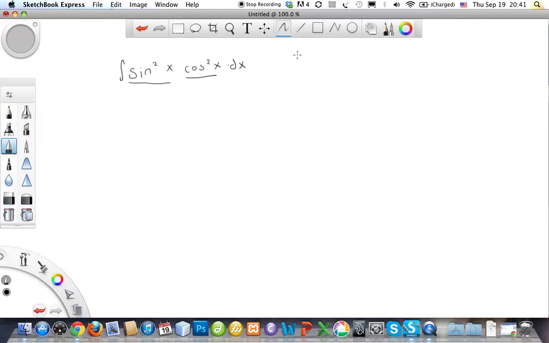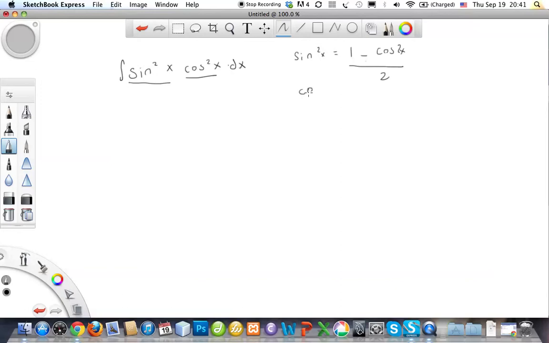So I know the sine squared of x equals 1 minus the cosine of 2x over 2.